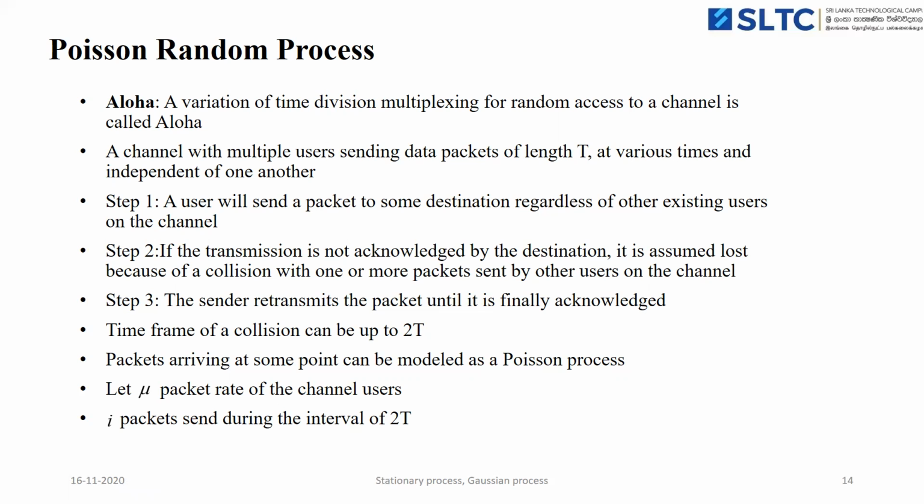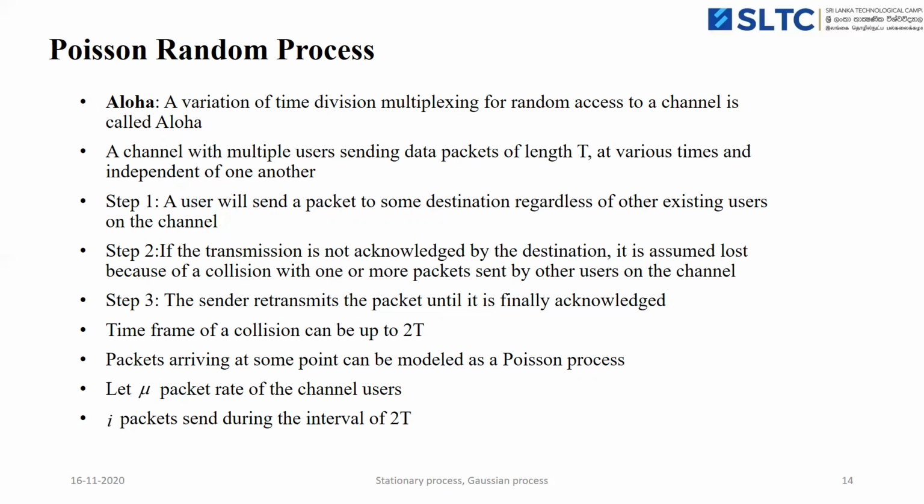Then there are three steps for sending the packet in the communication channel. Step one: a user will send the packet to some destination regardless of other existing users on the channel. So without knowing whether other users are present or not, the user automatically sends the packet to the destination through the communication channel.